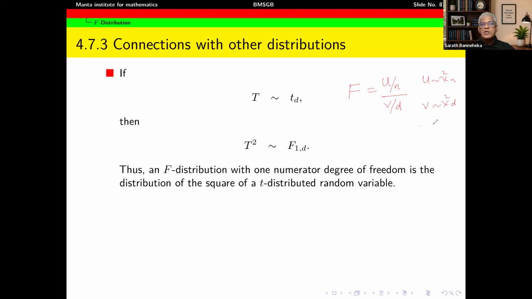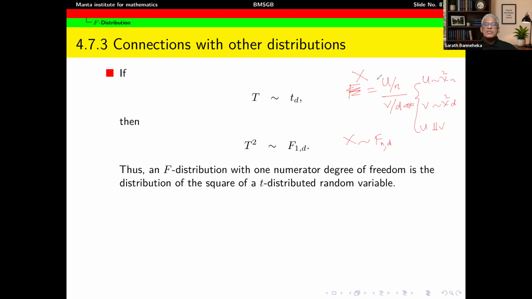In addition, U and V are independent. Then under these three conditions, we know that the ratio of U divided by n over V divided by D, if we denote it by X, has an F distribution with n numerator degrees of freedom and D denominator degrees of freedom.